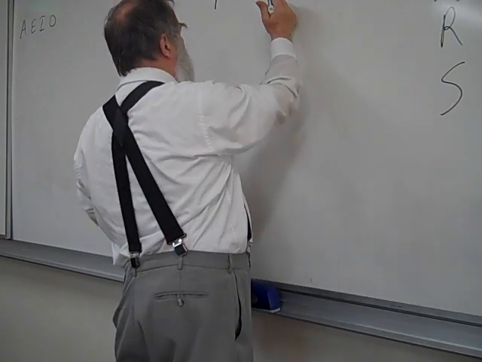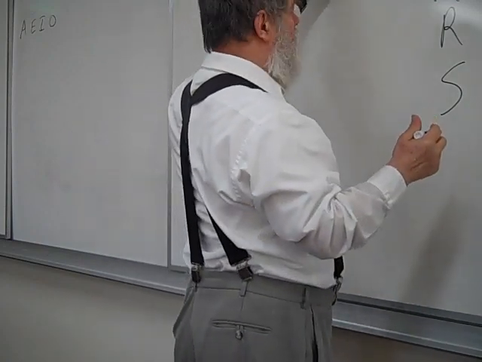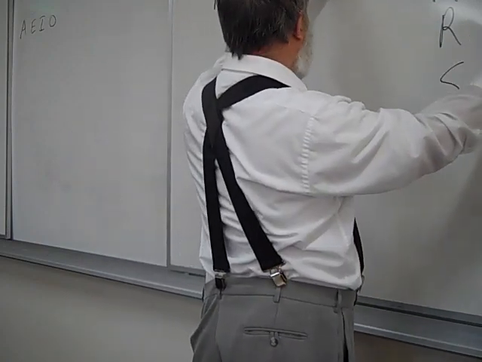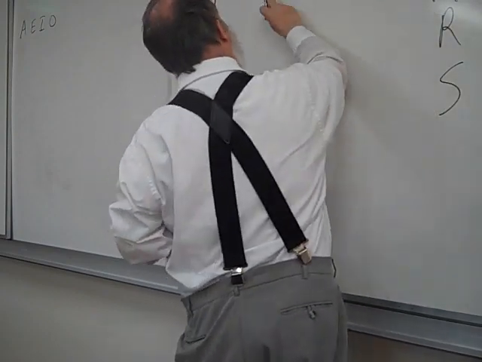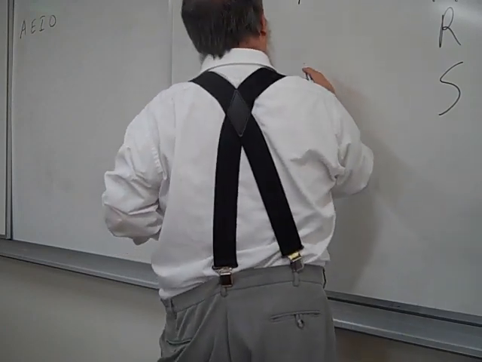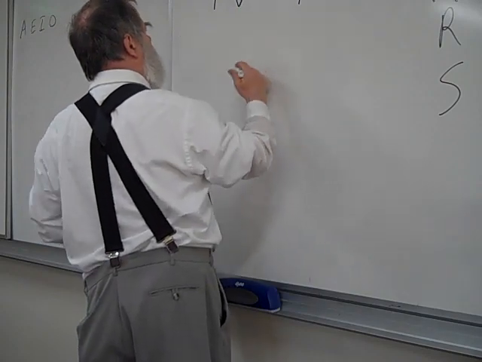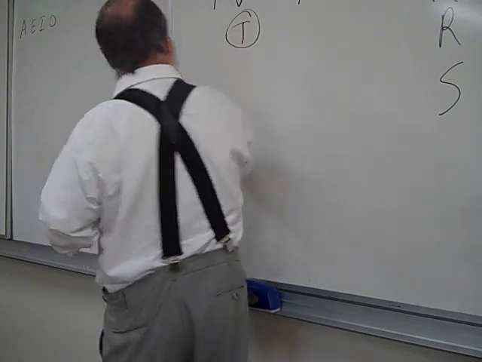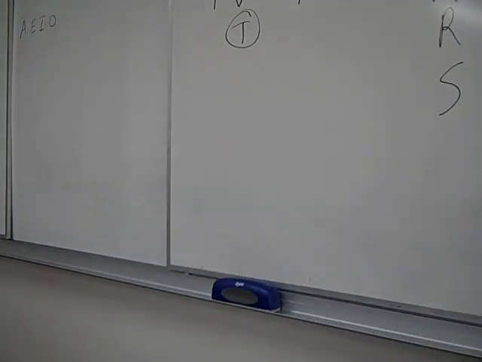So I don't know what not S is. R is false, but not false is true. True or whatever will be true, and it's true or whatever, so the whole thing is true. So I would know that the truth value of 11 is true.